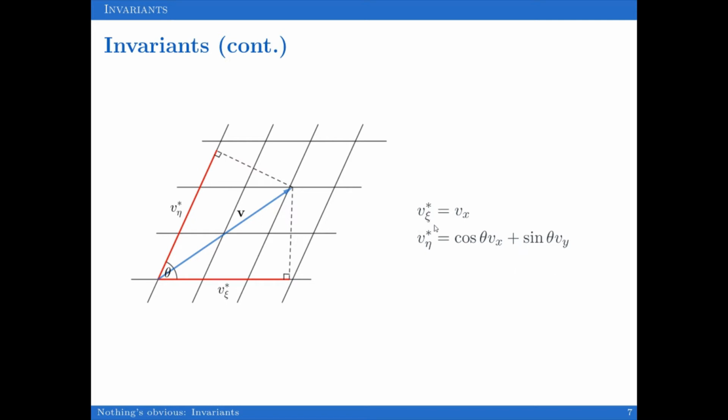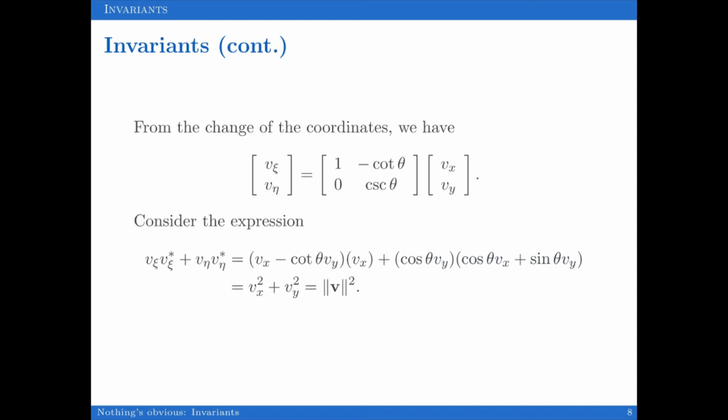So we can write the components in the star coordinate in terms of Vx and Vy. And from this formula, we can write the components in the psi-eta coordinates in terms of the xy coordinates as well. So let's consider this expression: V psi times V psi star plus V eta times V eta star.